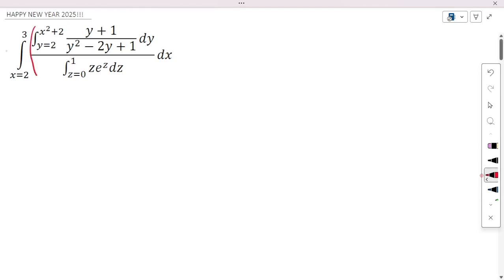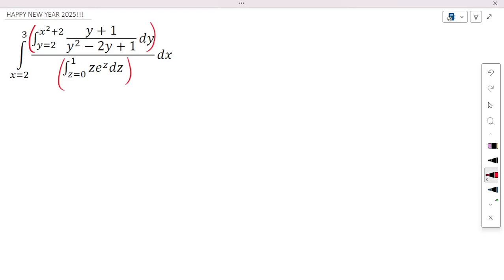We can see that this whole integrand is with respect to x. It's the definite integral from x equals 2 to x equals 3. But what do we notice within this integral, with respect to x? We have an integral with respect to y, and we have an integral here with respect to z.